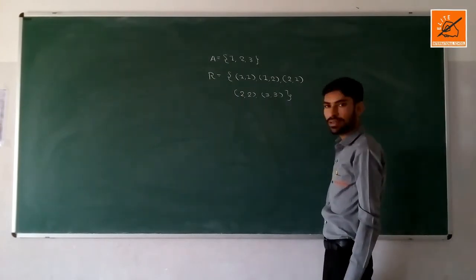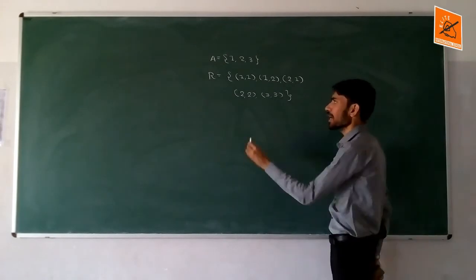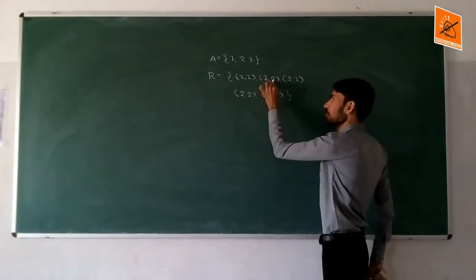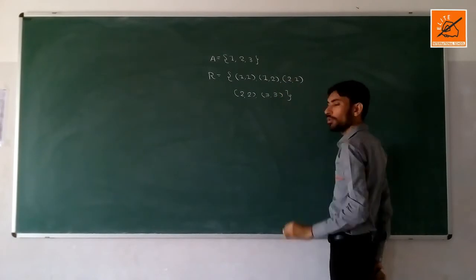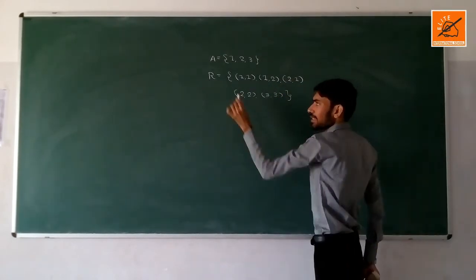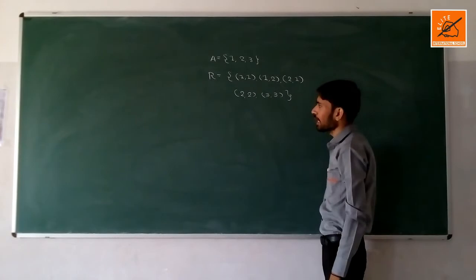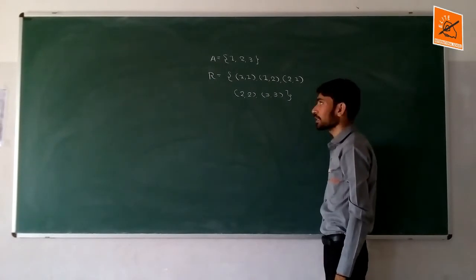Now also R is a symmetric relation because R contains the pair (1,2), then R also contains the pair (2,1). So our relation R is a symmetric relation. Now also observe, our relation R is transitive.